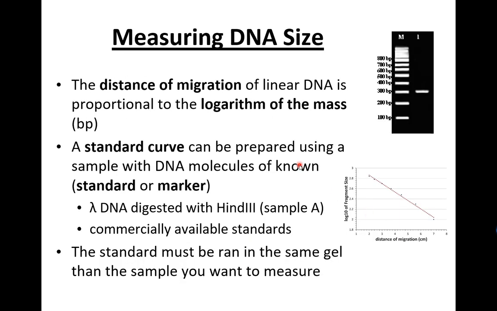Now, when you run DNA that's been digested, so made linear, as we say before, is running proportionally to the overall size. And therefore you can use gel, as you'll be doing in the lab, to determine the size of any DNA molecule that you load in the same gel. And the way you do it is by running in the same gel a mixture of DNA molecule of known size.